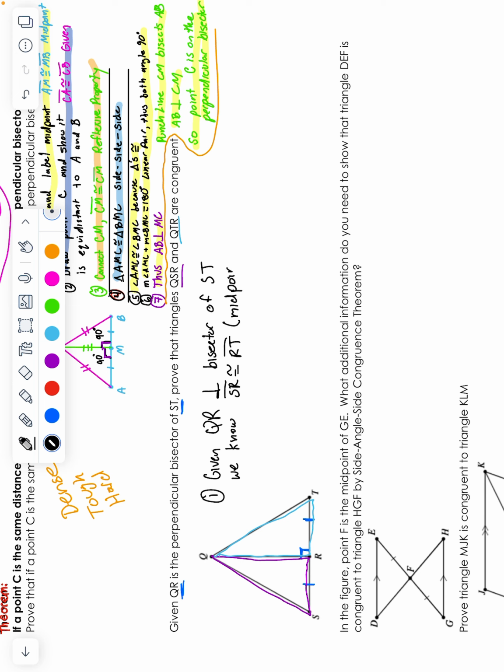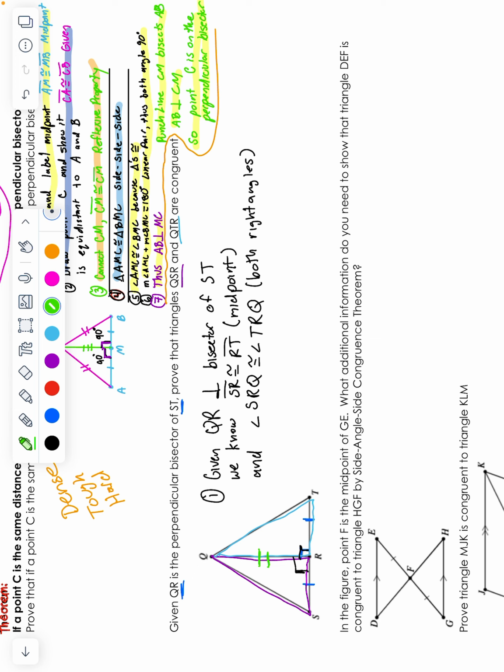Bisector, midpoint, those are somewhat interchangeable. And angle SRQ is congruent to angle TRQ. It's the perpendicular bisector, so we're going to say both are right angles. Right angles are congruent to each other.